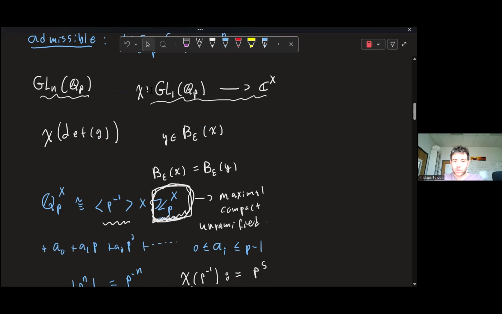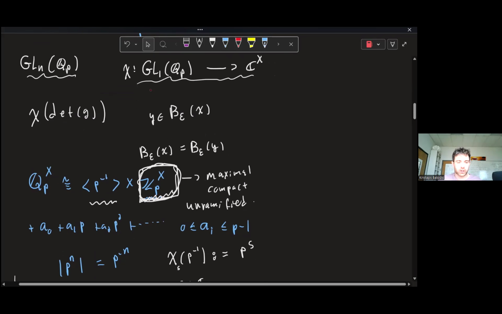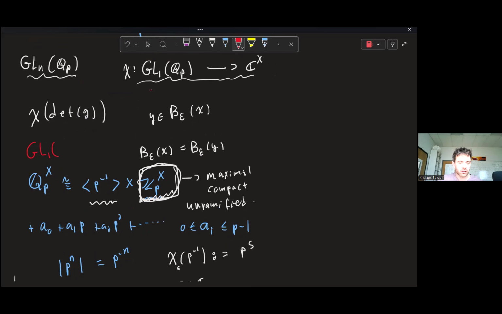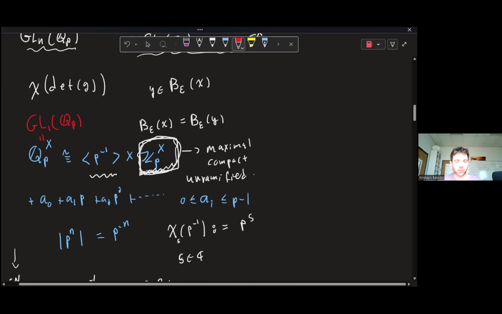I should actually correct one error I made last time. I corrected this in the comments, but when I was talking about the case of GL1 Qp, which is just the multiplicative group of the field, I said something a little bit wrong about the characters there.